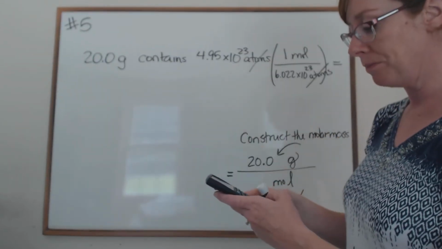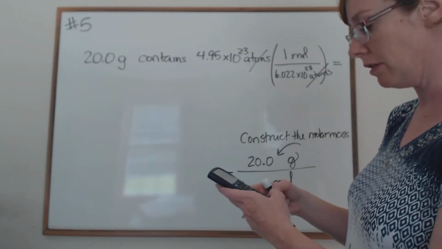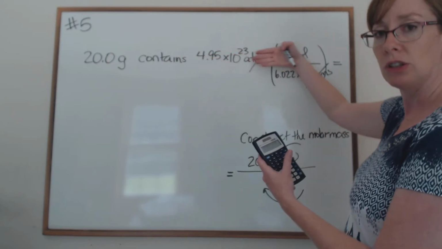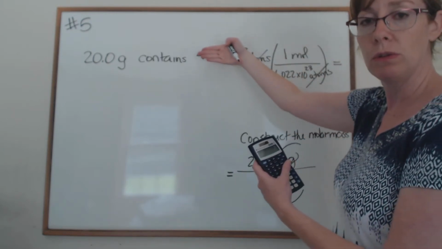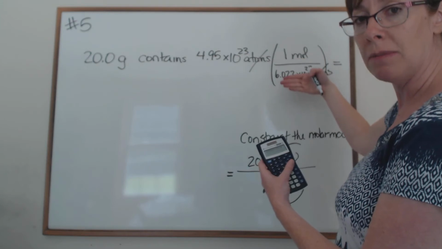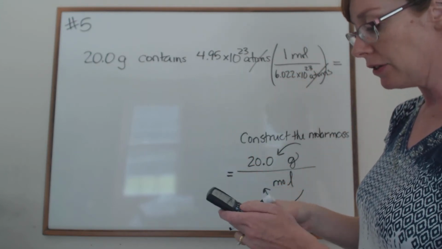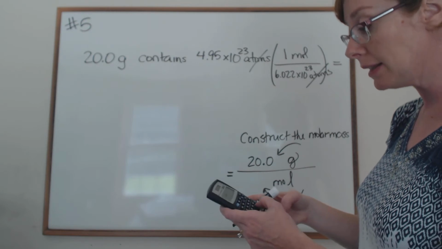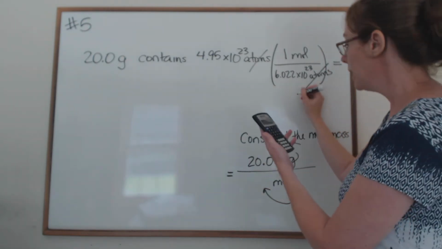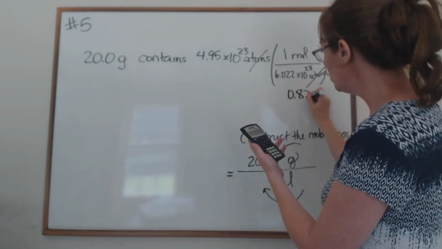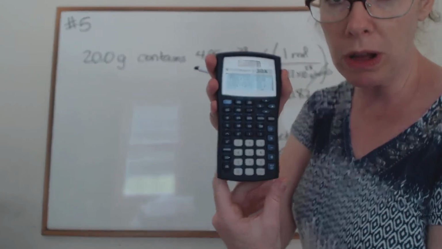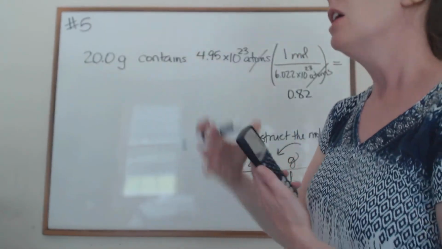So now do 4.95 times 10 to the 23rd. You'll start with the left and just do whatever the sentence is telling you to do. So you do that, and then we are dividing by this because it's on the bottom. So I'm entering it, and then I'm dividing by Avogadro's number, remembering to put it in parentheses. I'm getting 0.82. Now, I get a huge number, well, with a lot of decimal places.